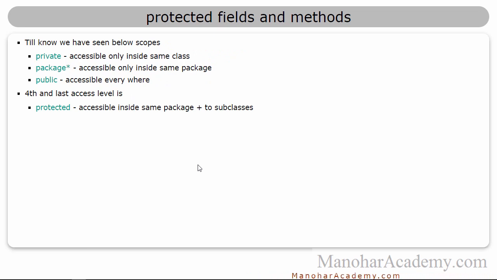Now we also have one extra access modifier, that is protected, which is closely related to inheritance. So we know that private scoped variables are accessible only inside the class in which they are defined, and public fields and public methods are accessible everywhere.